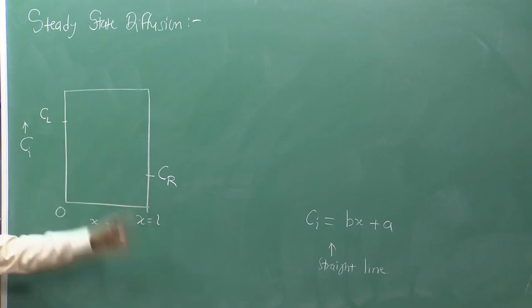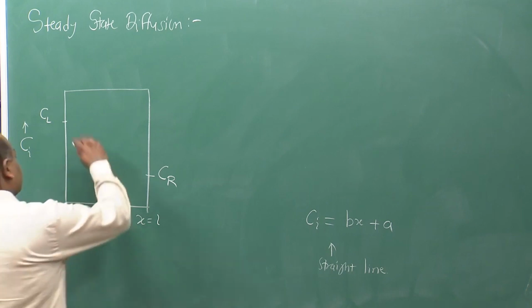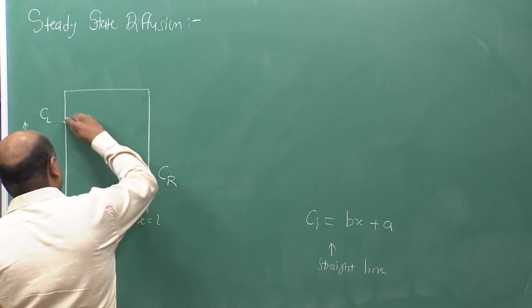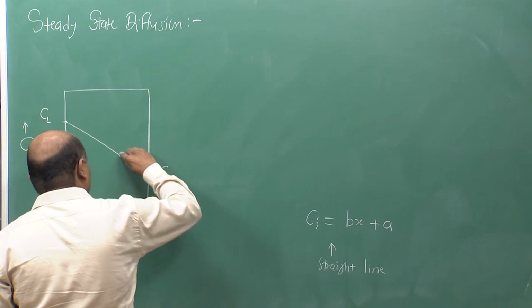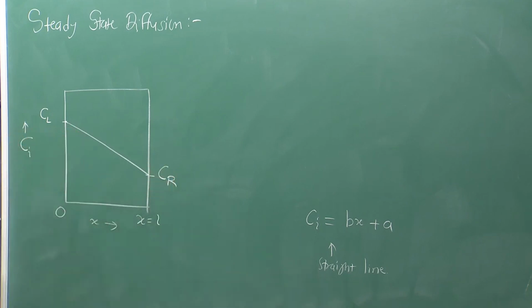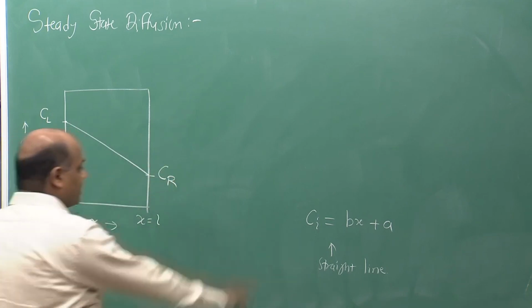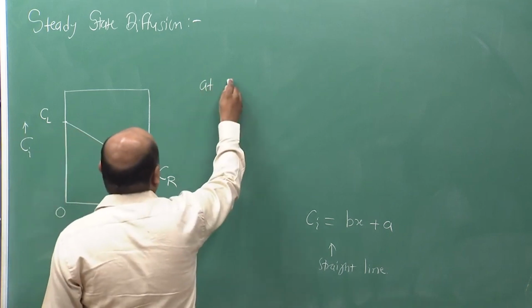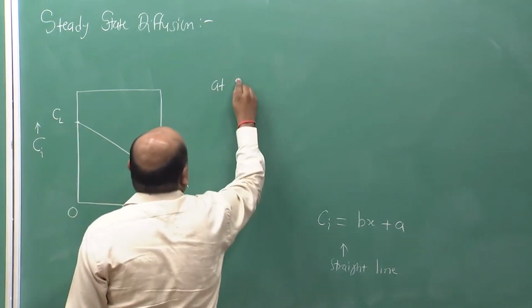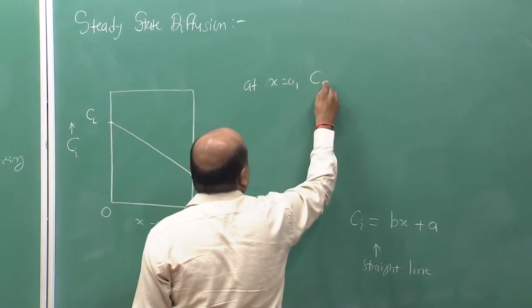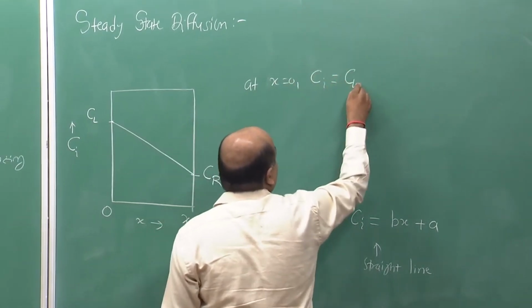So, Cr is less than Cl, and I know a steady state will develop if the d tilde is constant. And what should that be? We know at x equal to 0, Ci is equal to Cl.